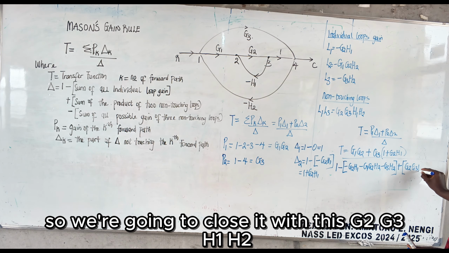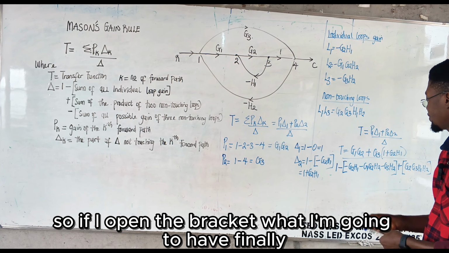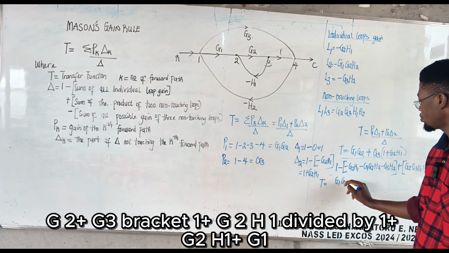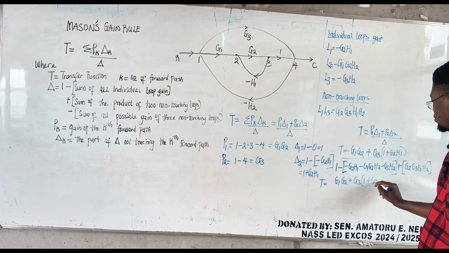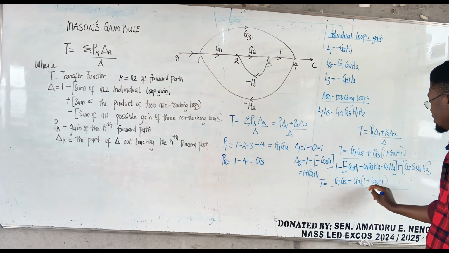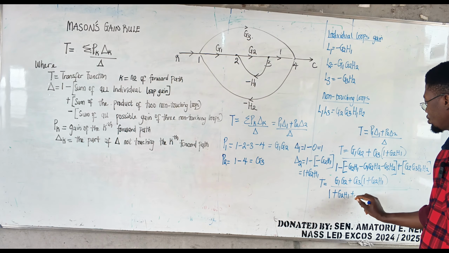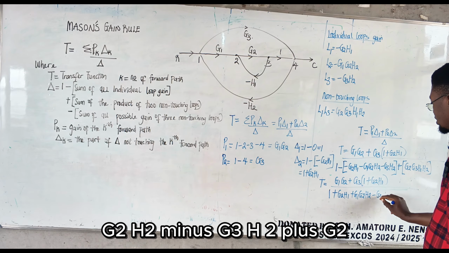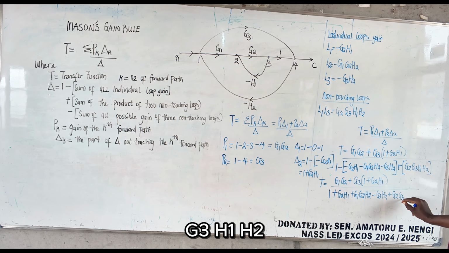G2 G3 H1 H2. So if I open the bracket, what I'm going to have finally as my transfer function is equal to G1 G2 plus G3, bracket 1 plus G2 H1, divided by 1 plus G2 H1 plus G1 G2 H2 minus G3 H2 plus G2 G3 H1 H2.